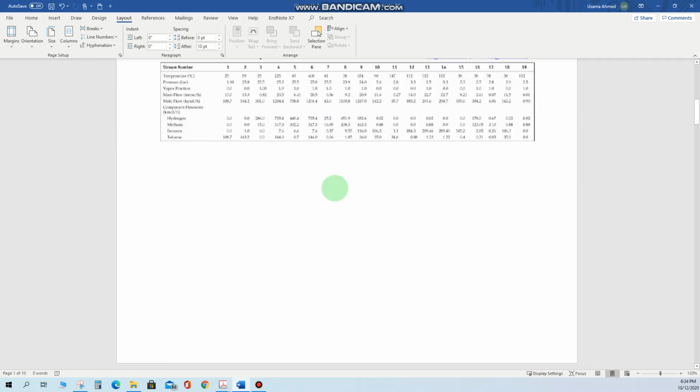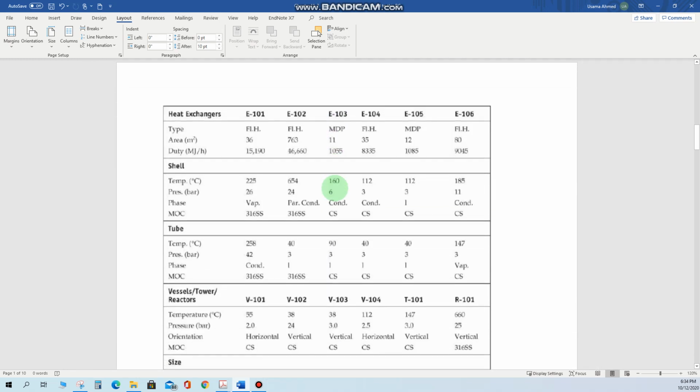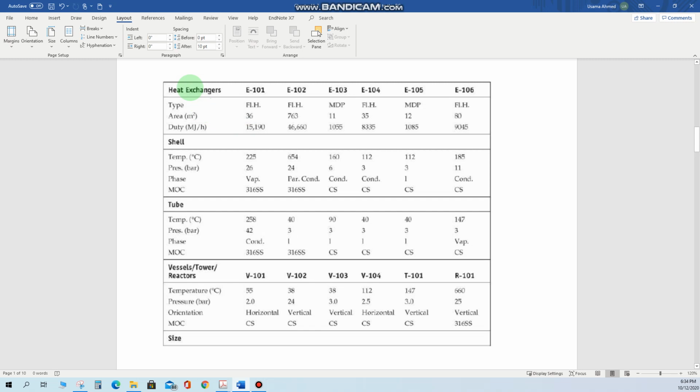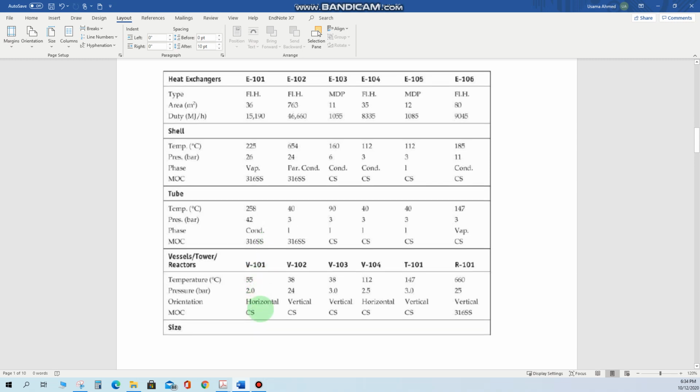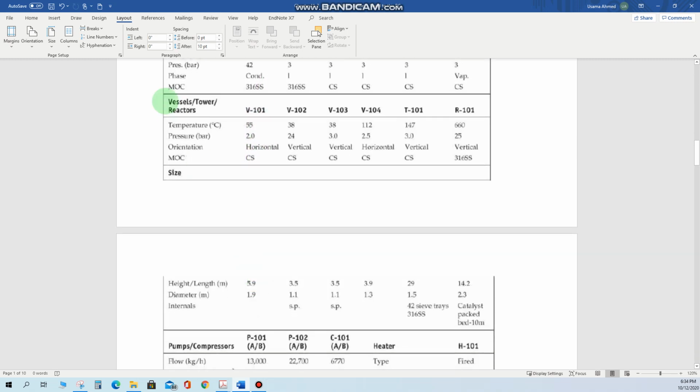Then we have another table, 1.7, in which we can see different heat exchangers, different vessels, the different equipment types, and the temperature and pressure conditions. Also, for the vessels, towers and reactors, we are provided with the information on size, height by length ratio, diameter, and so on.